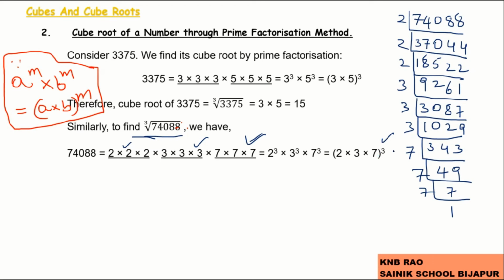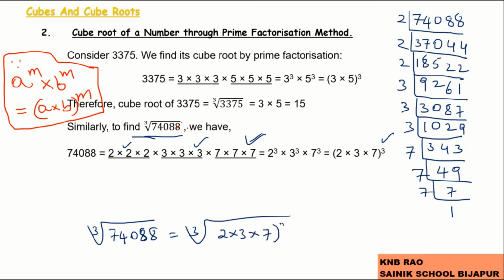That means we are going to get the cube root of 74,088, which is written as 2 into 3 into 7 whole cube, giving us 2 into 3 into 7.